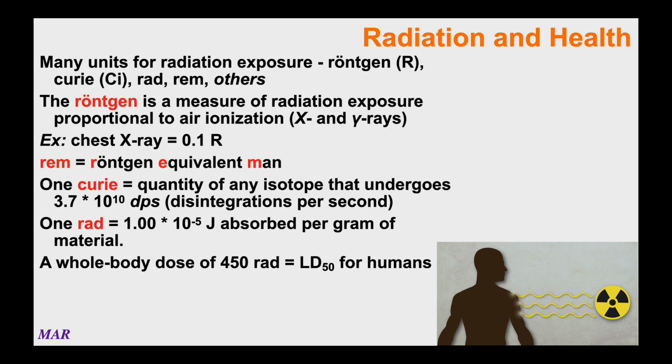LD50 is something that's used in medical fields. It stands for lethal dose 50% of the time. So if we had a whole classroom of students and we all got 450 rads, half of us would be dead. That's what an LD50 means. It's kind of scary. So too much radiation, of course, can be bad. Try and stay away from the LD50 value.